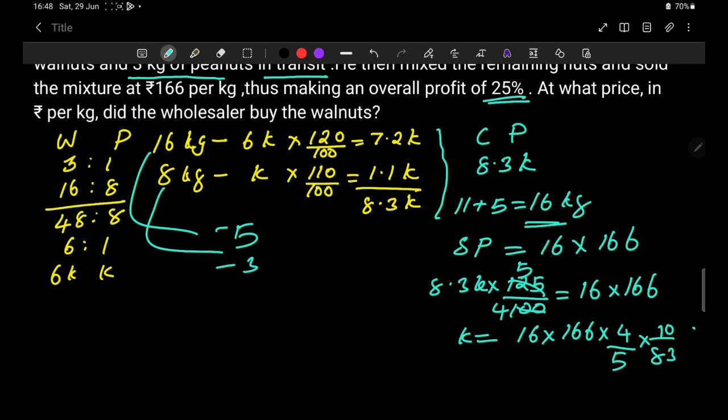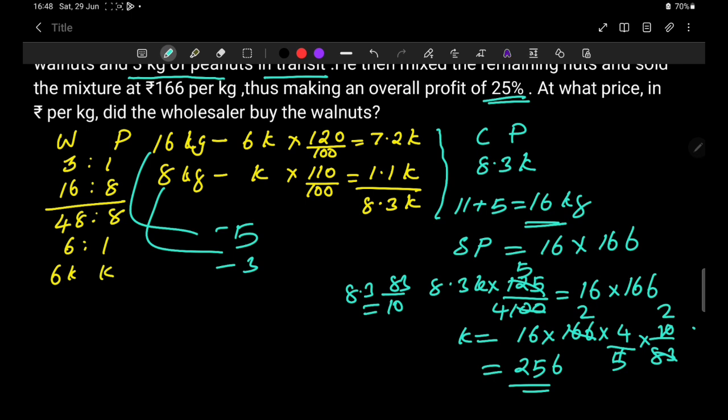Therefore, 10 by 83. Therefore, k is equal to, cancel this 2. Therefore, 16 into 16 is 256.